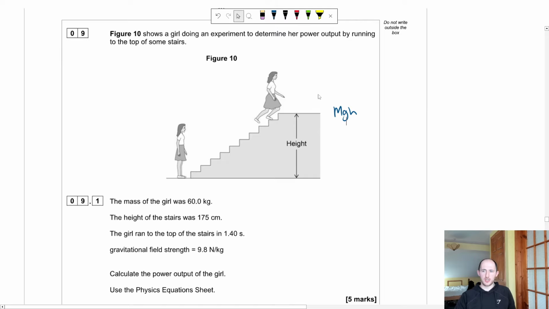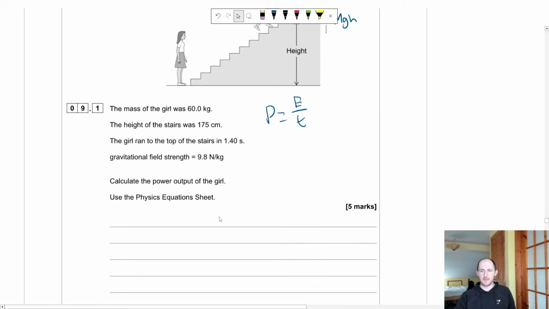That change in energy, that energy that she gains, she's going to divide by how long it took her. Because remember, power is equal to energy over time. So if our energy is equal to mgh, we're just going to do mgh divided by time. In fact, that's literally all we have to do, 5 marks.